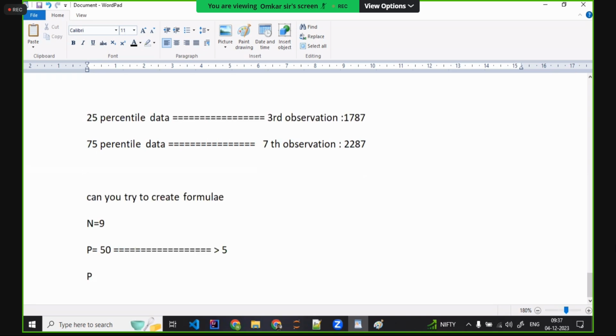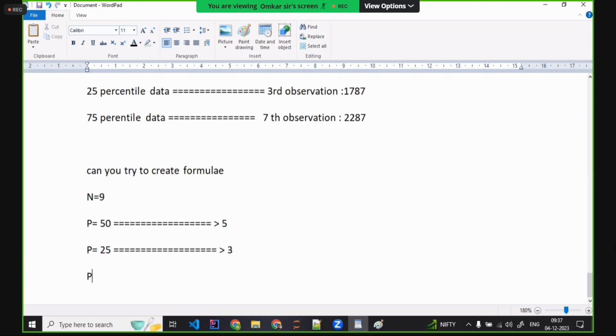If I say P is equal to 25, you are getting the observation number equal to third. If I say P is equal to 75, you are getting the observation number equal to 7. Okay. Now n is equal to 9, total number of observations, P is equal to 50, P is equal to 25, P is equal to 75. This is the observation number, correct?